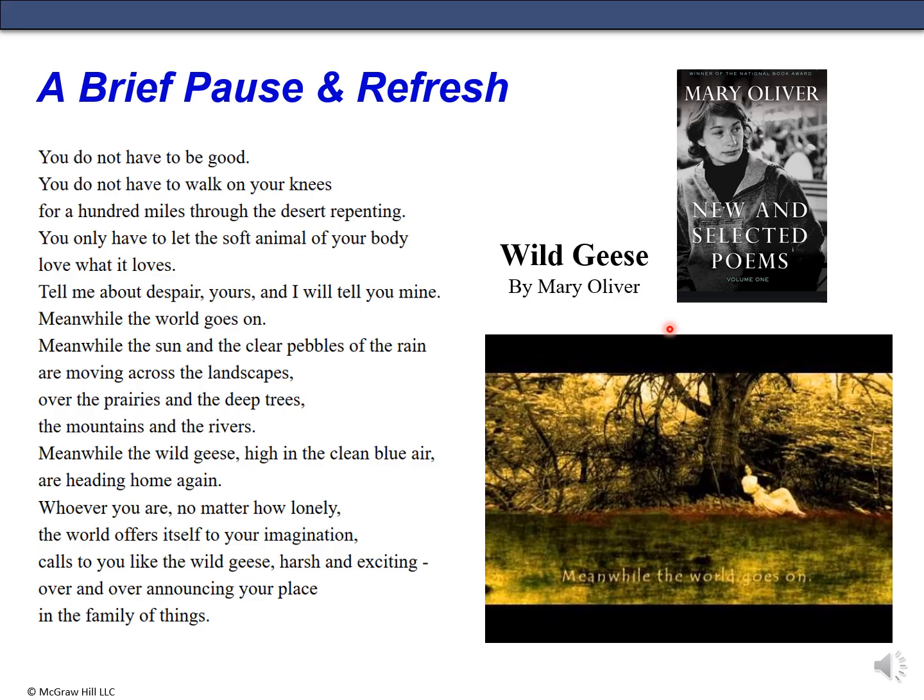Meanwhile, the sun and the clear pebbles of the rain are moving across the landscapes, over the prairies and the deep trees, the mountains and the rivers. Meanwhile, the wild geese, high in the clean blue air, are heading home again. Whoever you are, no matter how lonely, the world offers itself to your imagination, calls to you like the wild geese, harsh and exciting, over and over, announcing your place in the family of things.